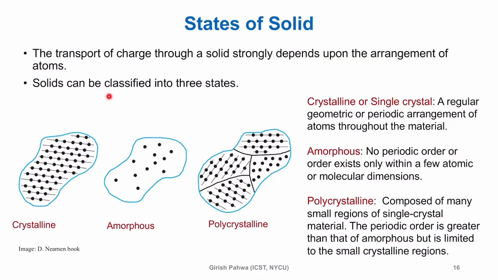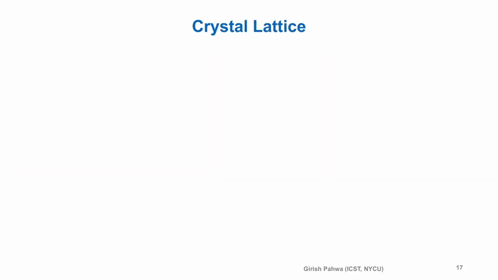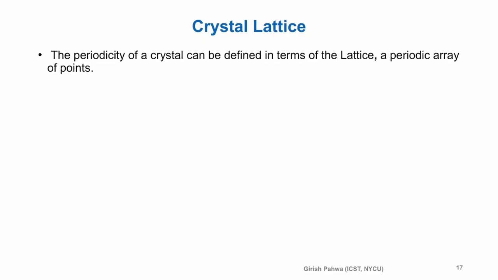Okay, so crystalline solid is what I'm going to focus on from now onwards, and unless I specify otherwise, we'll assume that it's going to be crystalline solid. Okay, so if I talk about a crystal lattice, what is the meaning of the lattice? Periodicity of the crystal can be defined in terms of the lattice. So basically lattice is a periodic array of points.